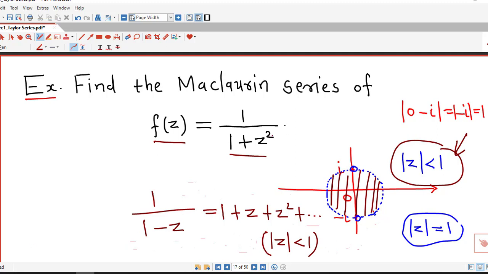So here instead of minus z we have z square. So 1 plus z square we can rewrite as 1 minus minus z square. And if we compare with 1 over 1 minus z, we have instead of z we have minus z square. So in the Maclaurin series of 1 over 1 minus z, we will replace z by minus z square to obtain Maclaurin series of 1 over 1 plus z square.